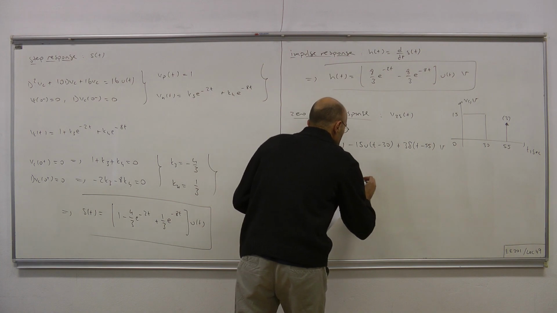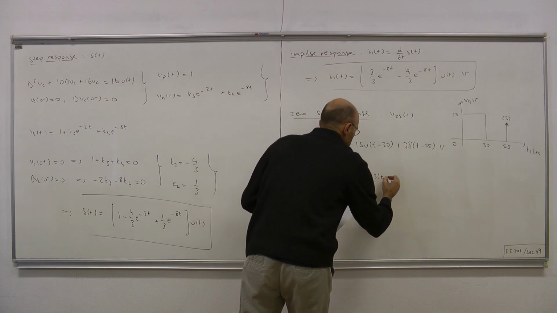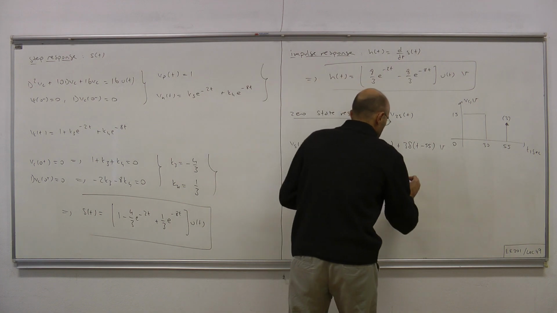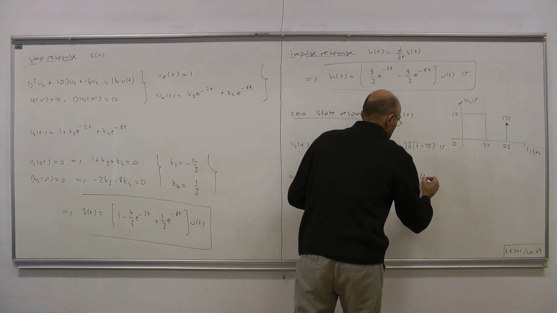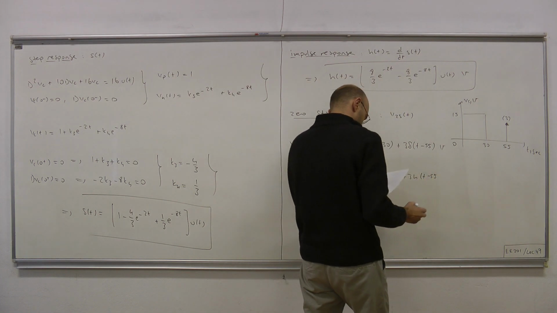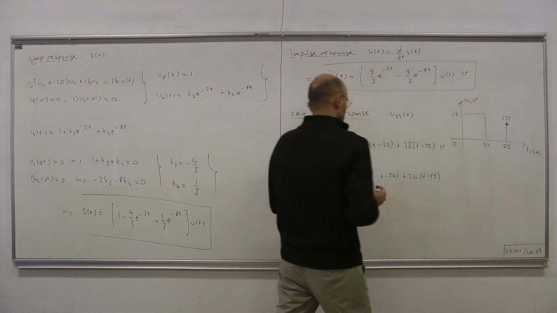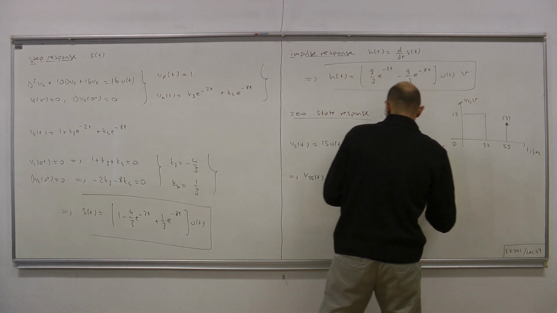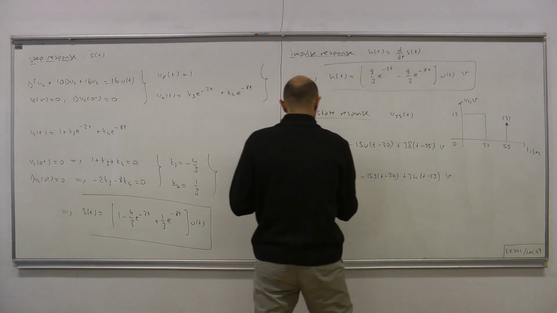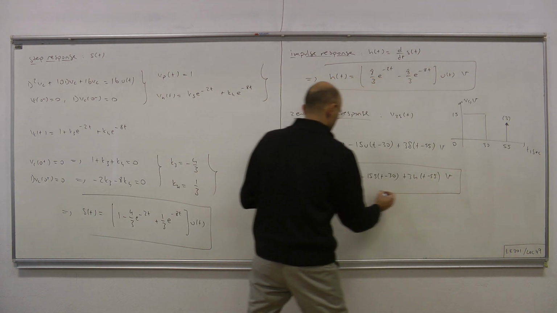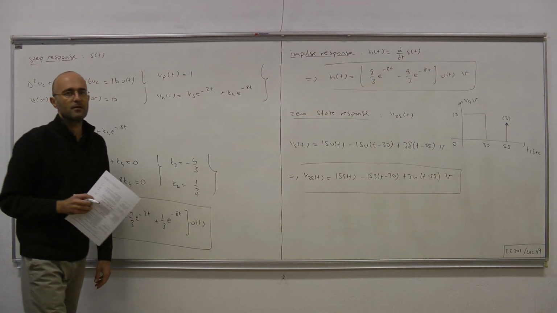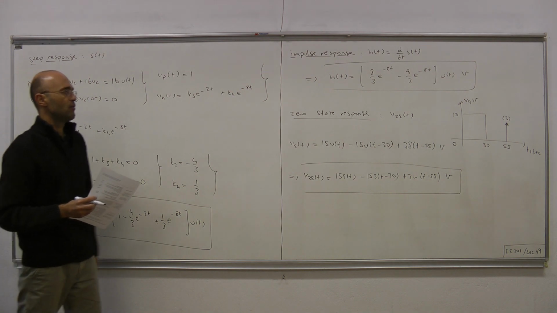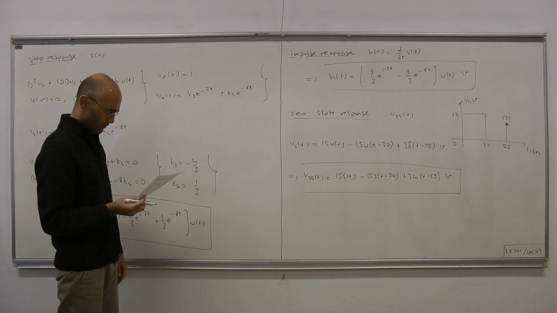So 15 S of t minus 15 S of t minus 30 plus 3 H of t minus 55. So that's the zero state response for the given input waveform.